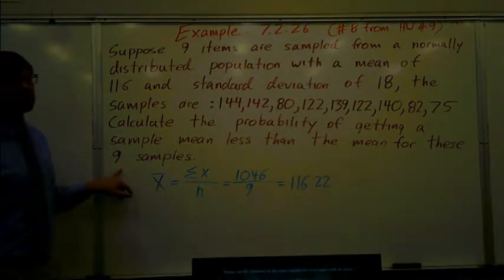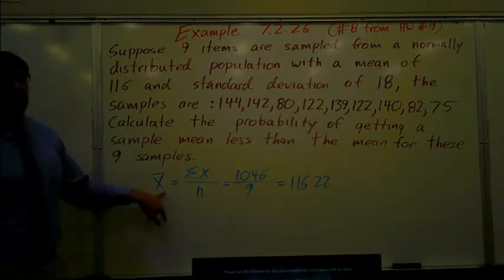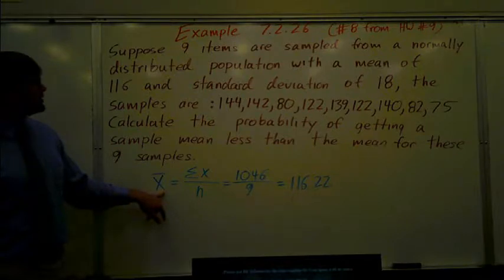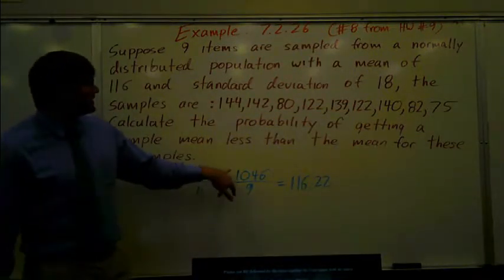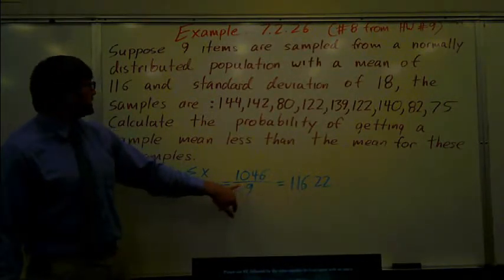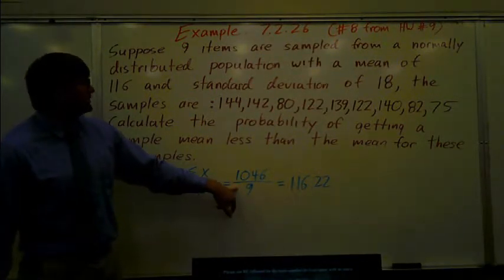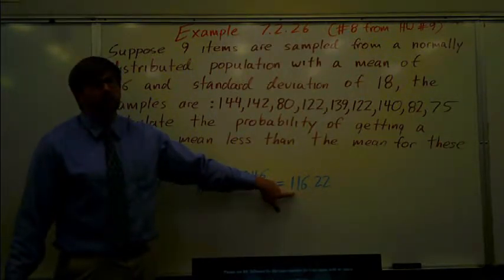So basically the first thing we need to do is figure out what the sample mean is, or what x bar is. And of course, to do that, we just sum up all these values and divide by however many there are. The sum of those values was 1,046, and there were, of course, 9 sample values. So we got a sample mean of 116.22.